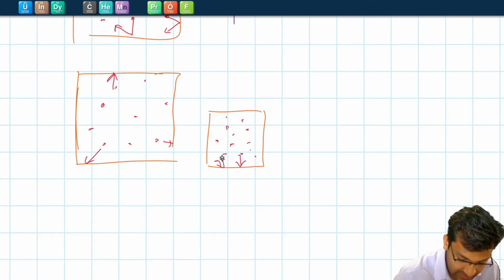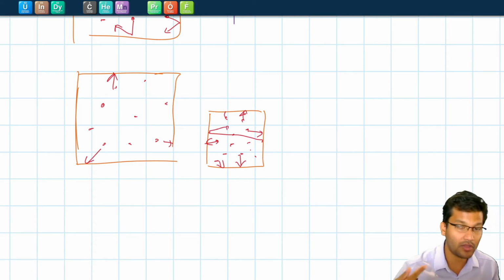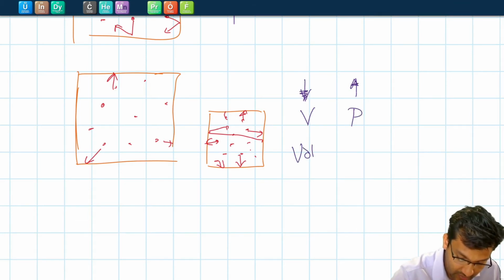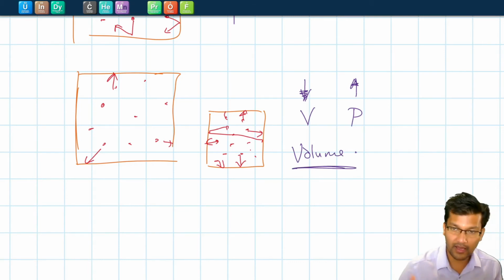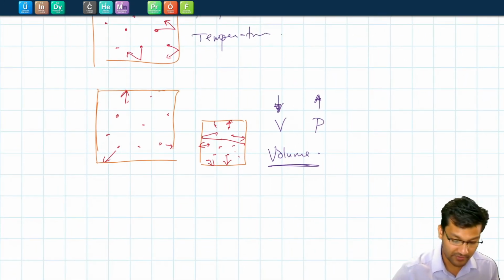They're still moving around with the same speed because the temperature is the same, but they're in a tighter space, which means the time it takes for them to hit this container wall and then go back and hit this container wall is going to be shorter, which means they hit the walls more often, which means that the pressure goes up. So in this example, as volume goes down, pressure goes up. So those are the two ways that volume and temperature can affect the pressure. And our lab is going to explore those concepts further.